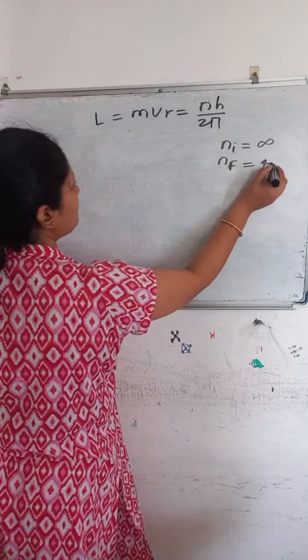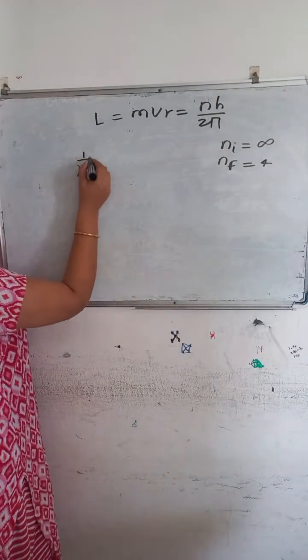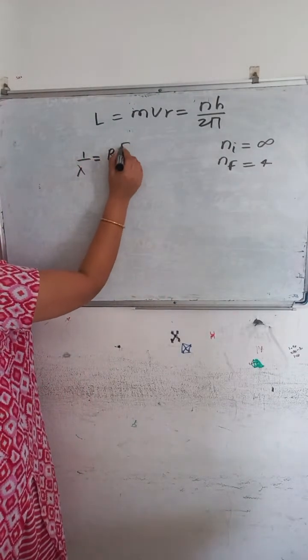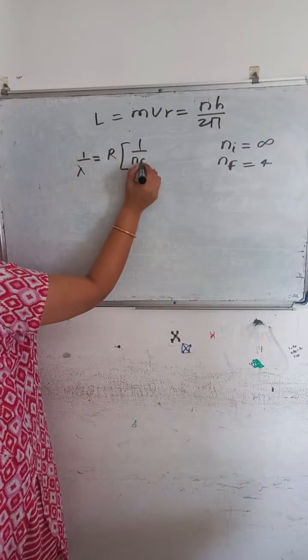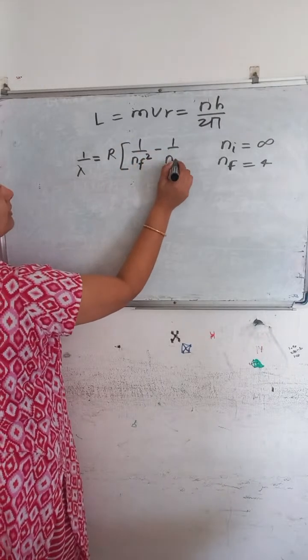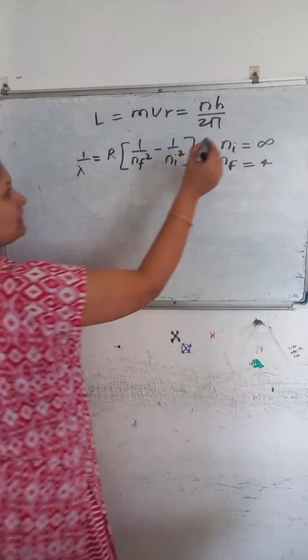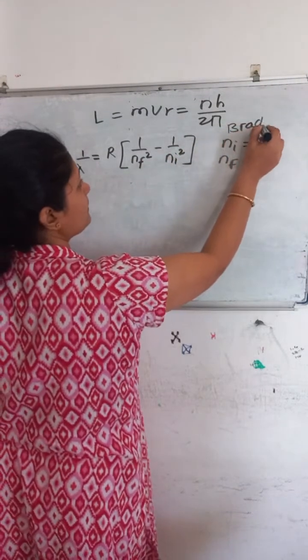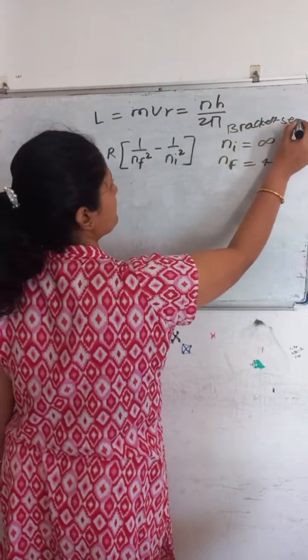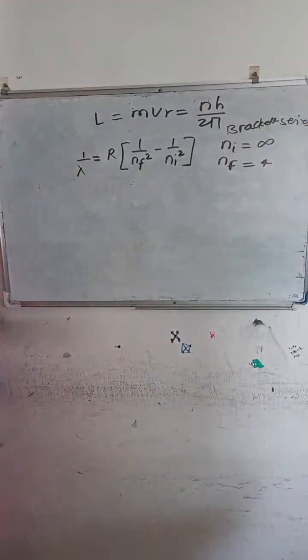So we know the formula. Wave number, 1 by lambda, is nothing but R inside the bracket 1 upon nf square minus 1 upon ni square. These are the conditions we got for the Brackett series, and we know that it lies in the IR region, that is the infrared region.